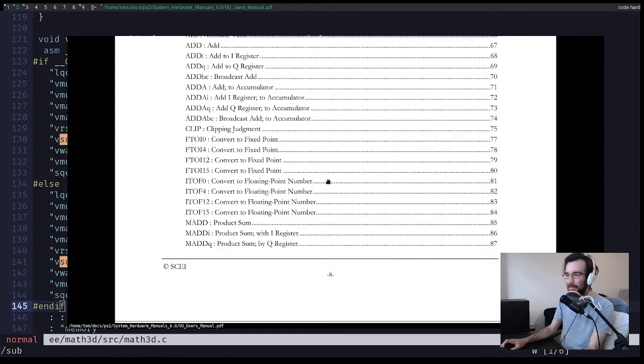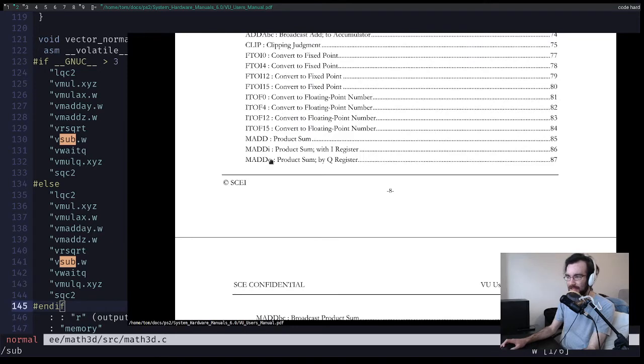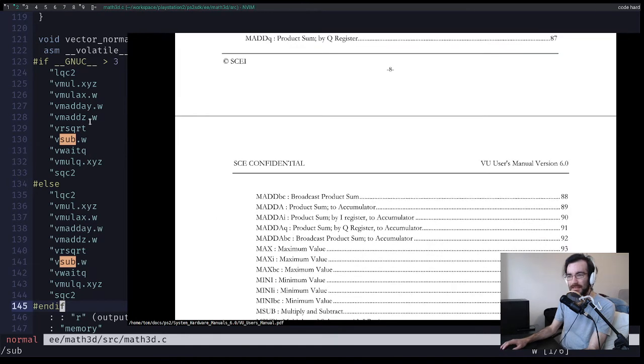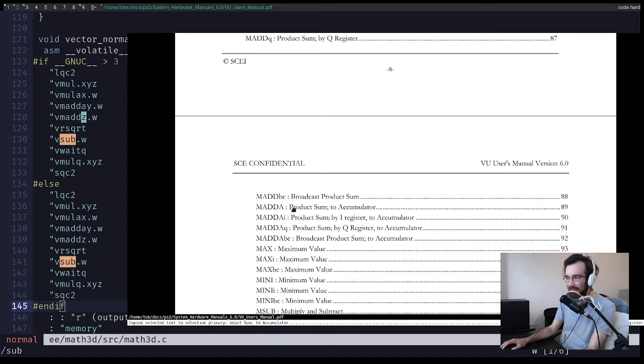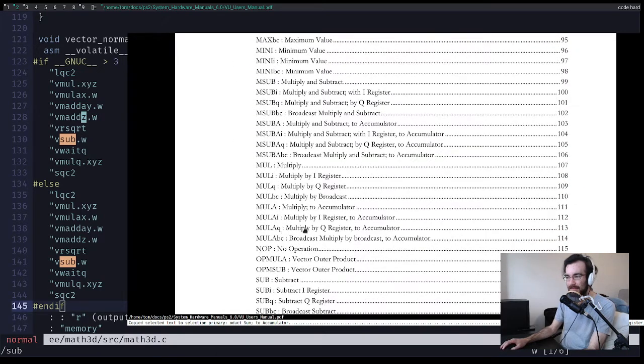Maybe I'm just going crazy. Okay. I think these are the instructions this is doing, right? Yeah, like mad product sum. Mad. I don't know what mad a. See, it's slightly different, right? Mad a something accumulator. Mul ax. See, I don't know what x is here though, right? Surely it should be mul aq like this says.